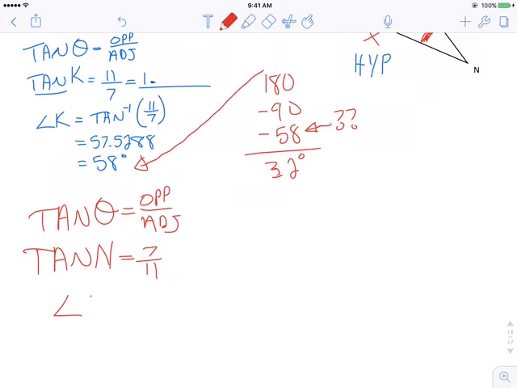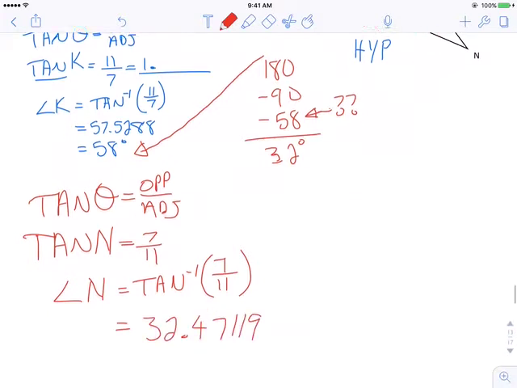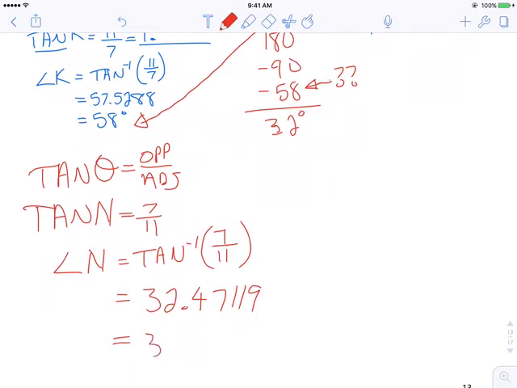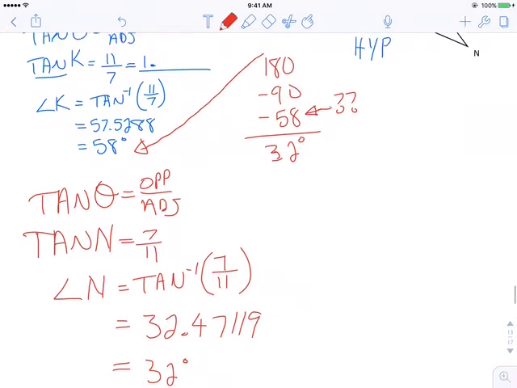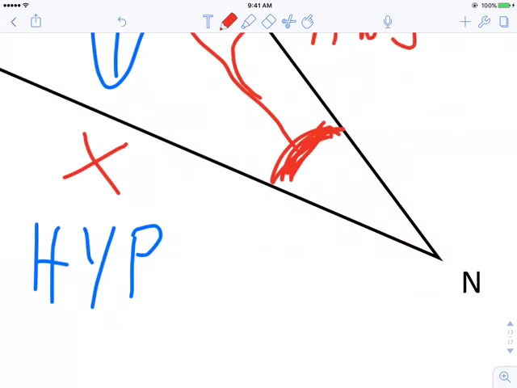Remember, if I'm looking for an angle, I have to use the inverse function of, in this case, tangent. So tangent minus 1 of 7 over 11, which works out to, if I want some decimal numbers, 32.47119, or rounded to 32 degrees. So now we know that this angle N is 32 degrees.